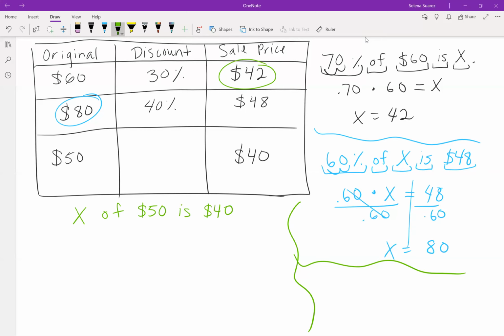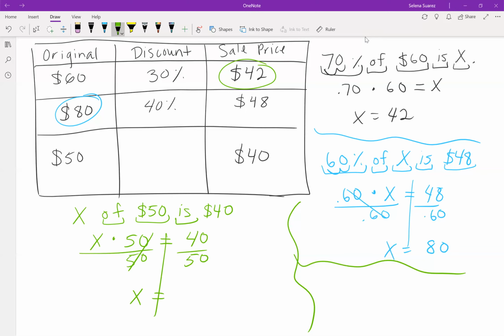Okay, so now I'm going to write out an equation. So I have X of, which means times, so times $50, so 50 is, which means equals, and then my sale price, which is 40. Okay, so divide by 50 and divide by 50 on this side.